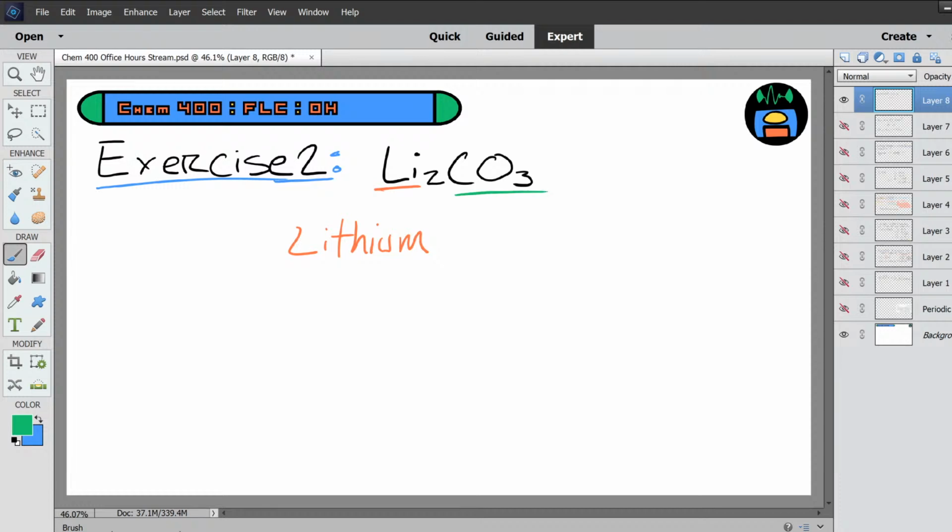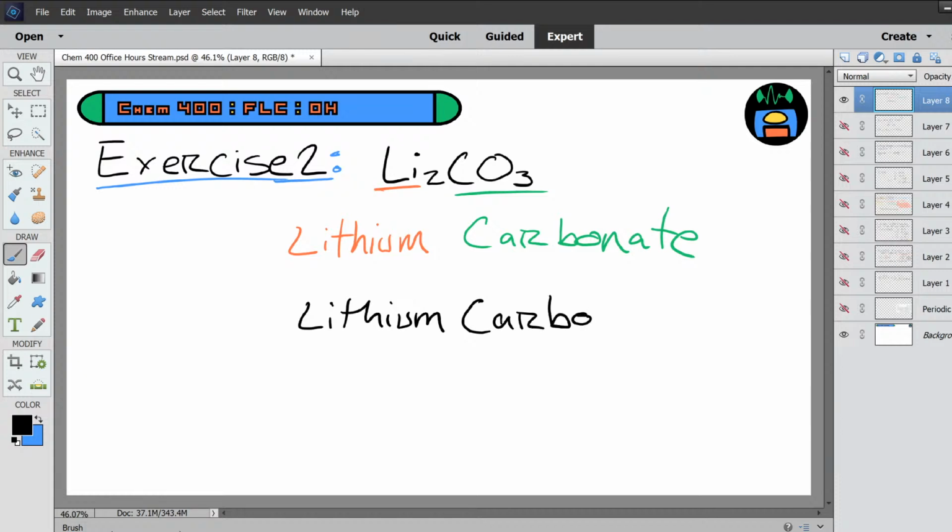Our anion's name is carbonate. The answer that was checked as correct in the exercise, which this is not correct, was lithium carbon. So if you ran into this question, just know that I'm going to be giving everybody +1 for free for this one. And if you're like, I thought it was lithium carbonate, why is that lithium carbon? You're totally right. The quiz is wrong. There's a typo there, but everybody's going to get full credit.